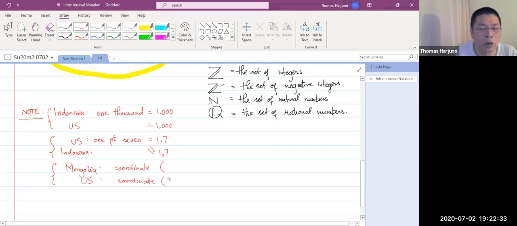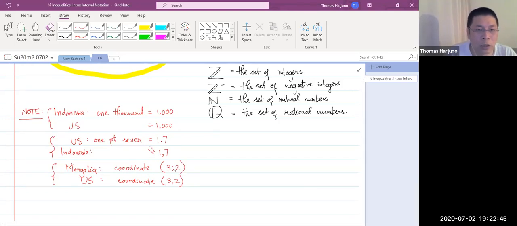Let's say the coordinate is 3,2, but in Mongolia, it will be written as 3:2. I'm not trying to single out Mongolia, that's what I remember.